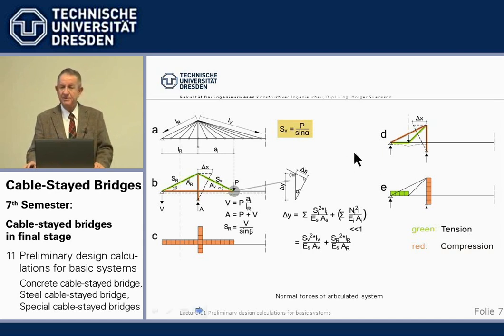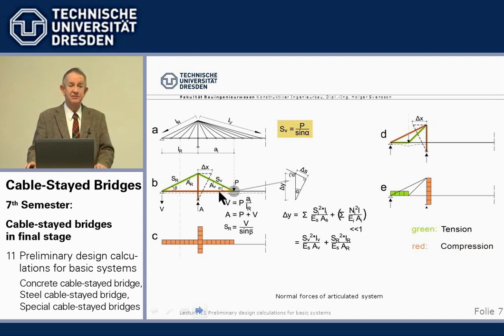And I repeat from earlier lectures, where we had all this in principle, which we now do with figures, if we have a vertical force here, then the cable component, if we assume all this is hinged, is the force divided by the sine of alpha.